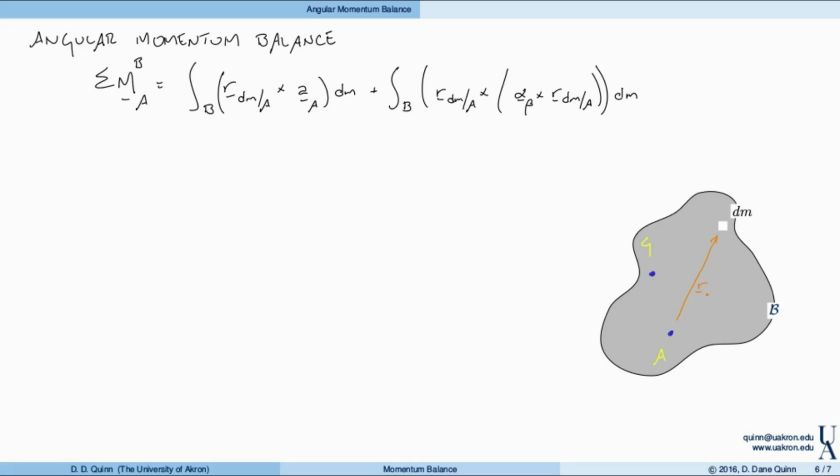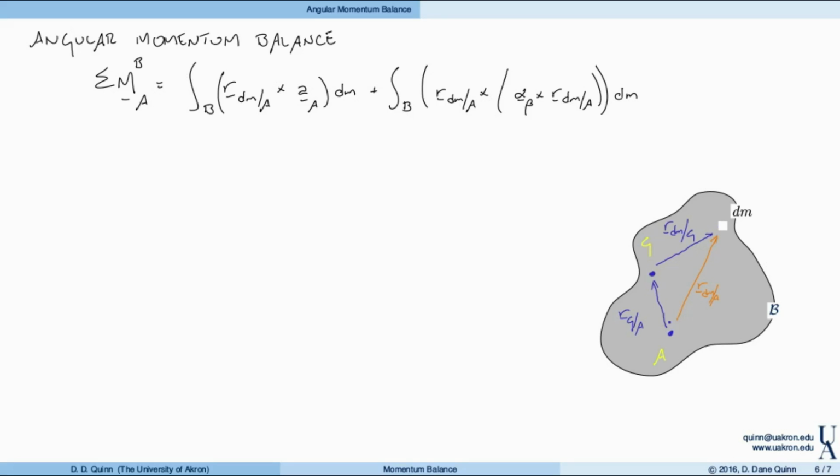So r of dm with respect to A. Then we'll have a vector from A to G. So this is the position of G with respect to A. And then we have the position of dm with respect to G.